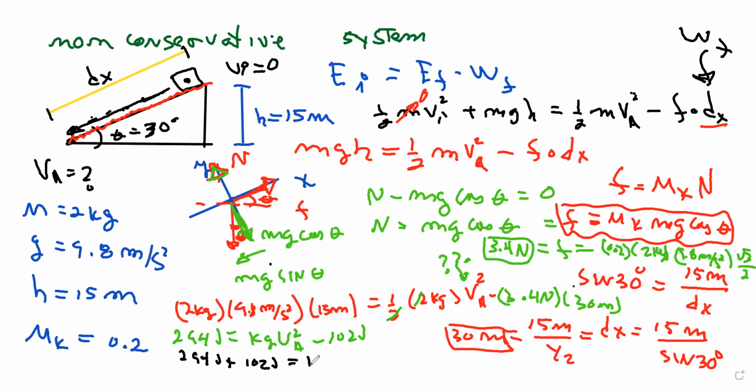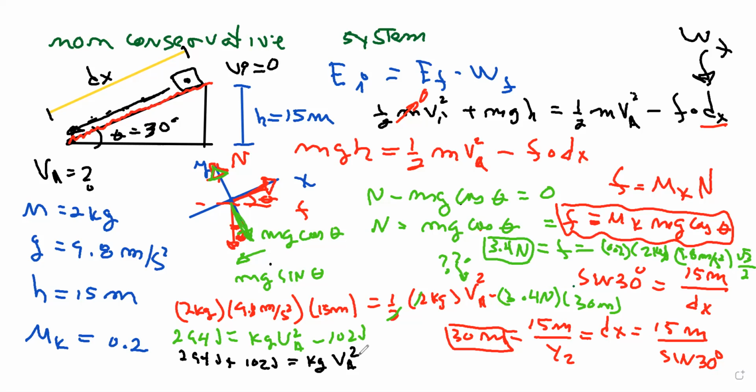So it's going to be kilogram times velocity at A squared. Yeah, because the 3.4 multiplied by 30 is newton meter, which turns into joule. It goes to the other side, it goes positive. So you add those guys, you got that.